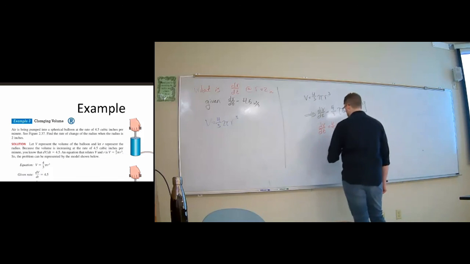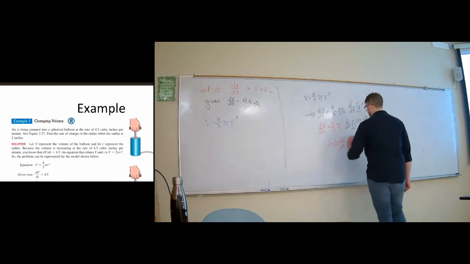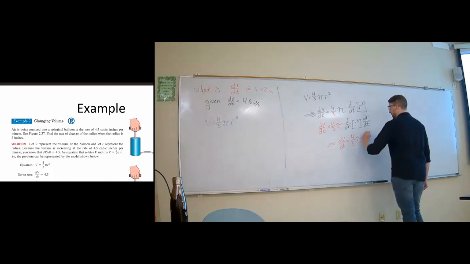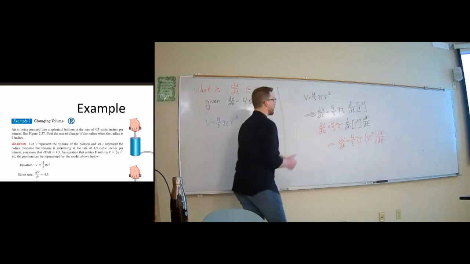So we get that dV dt is equal to 4 over 3 times pi times 3r squared dr dt. We want to solve for dr dt, so we're just going to divide everything else from both sides, right?